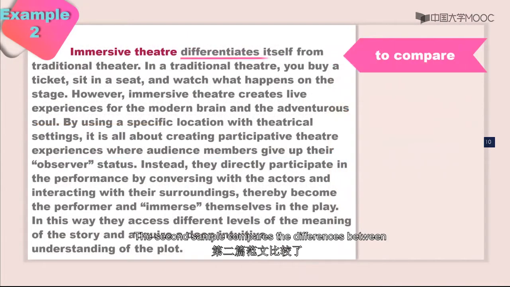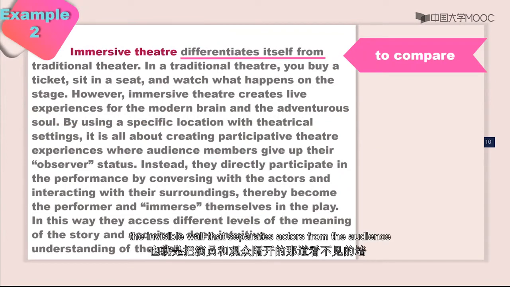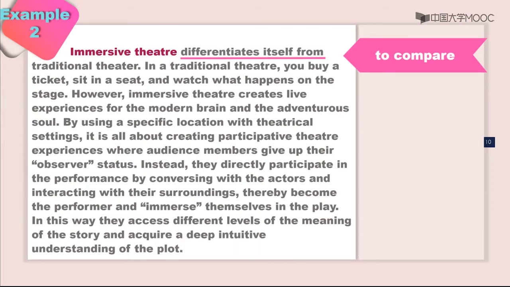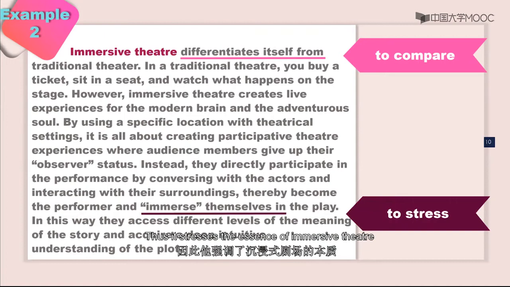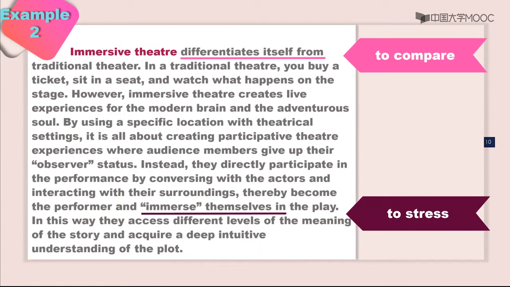The second sample compares the differences between immersive theater and traditional theater. The former breaks the fourth wall, the invisible wall that separates actors from the audience. Thus, it stresses the essence of immersive theater, the creation of the live experiences.